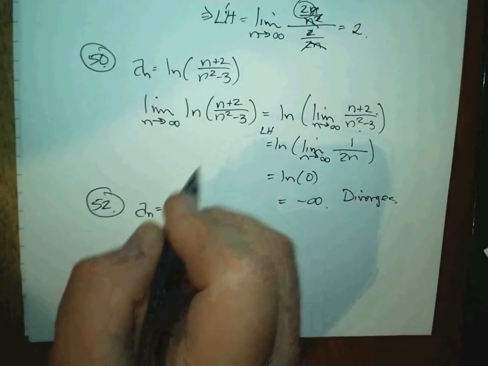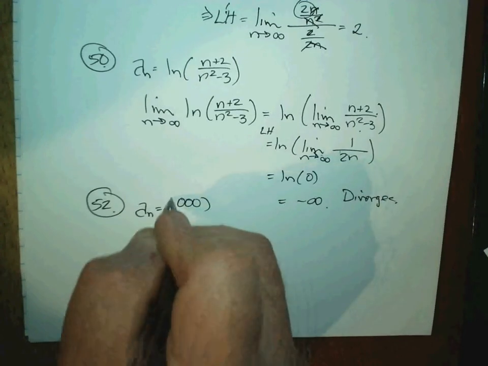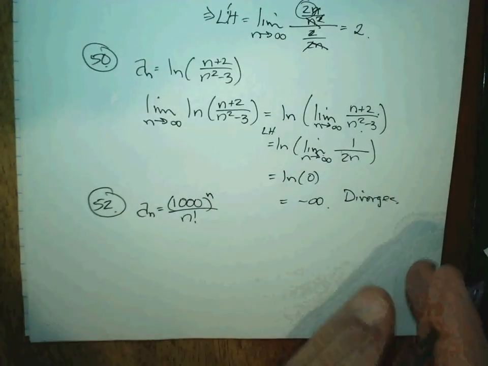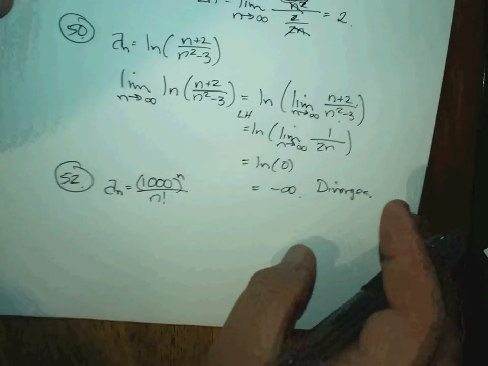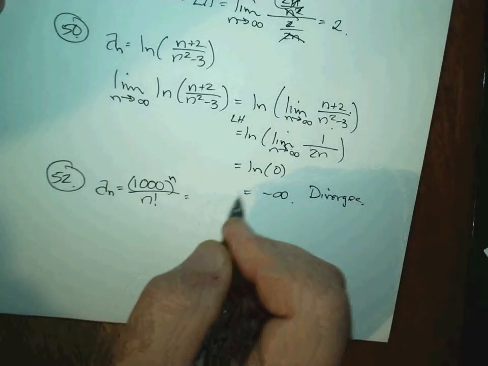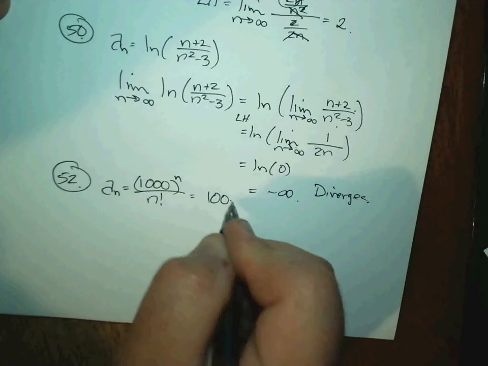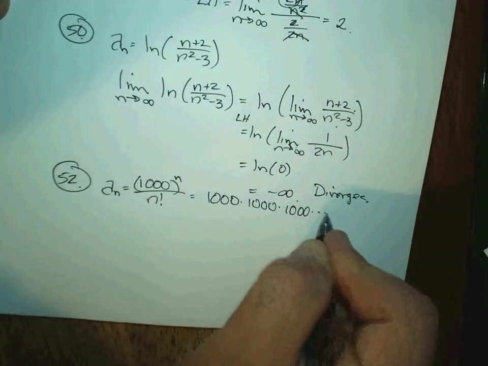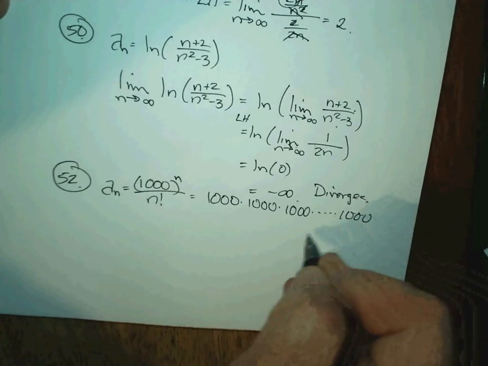Okay. Final example I want to show you, number 52, is just how challenging it can be to work with factorials. We have 1000 to the n over n factorial. Okay? So think about what this looks like.